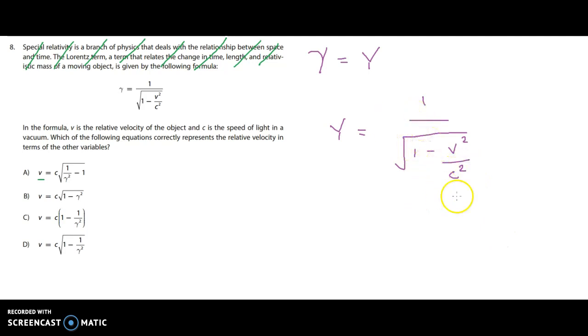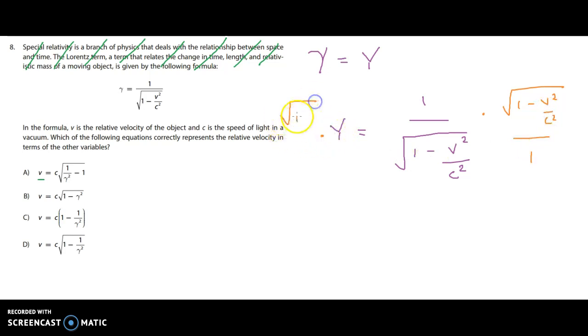Well, the first thing that we always want to do, if we're trying to solve for something, particularly if we're trying to solve for something that's found in a denominator, is get it out of the denominator. Easiest way to do that is multiply both sides by that weird-looking radical. So let's just do that. 1 minus v squared over c squared. Do that to both sides. So I got to multiply that by the same thing.